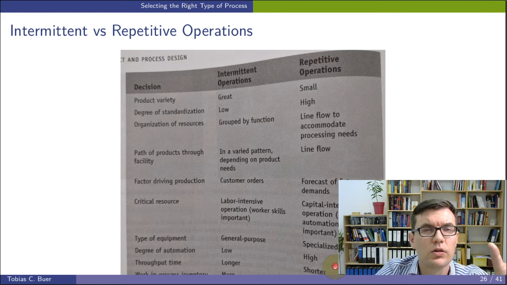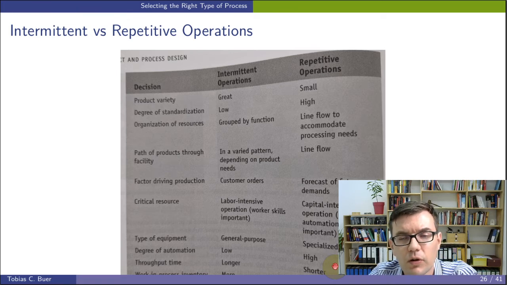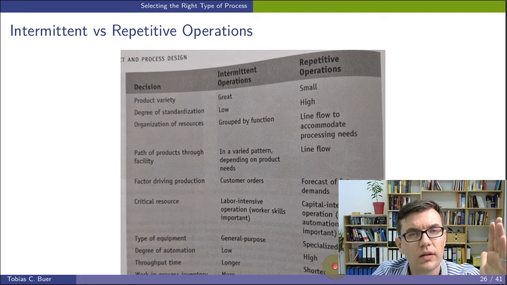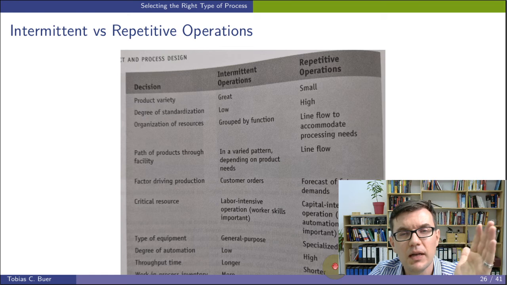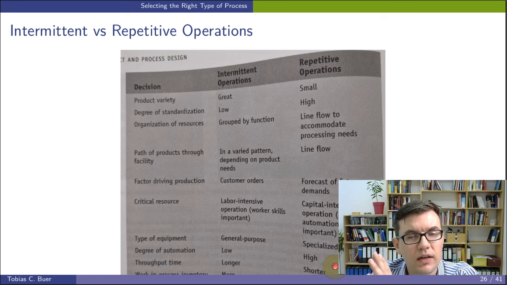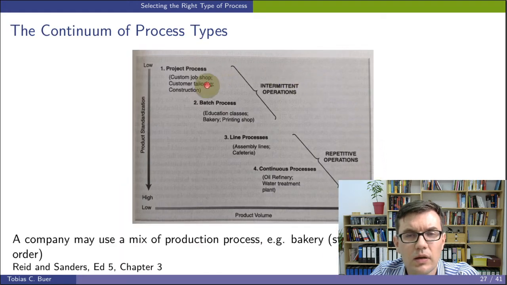Now we discussed two extremes of the operation processes, intermittent and repetitive operations. Of course, there are many finely specified possible production operations between these extreme points. Let's go into a little bit more detail by means of this chart. Look at the axis first.